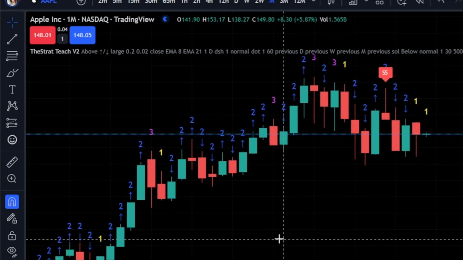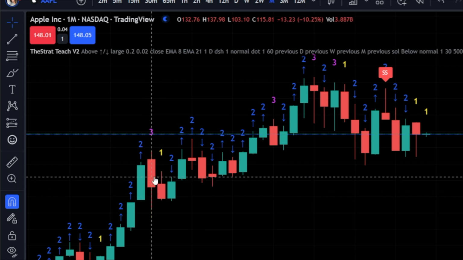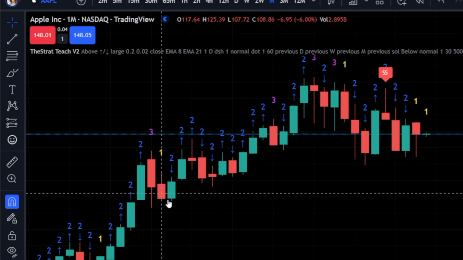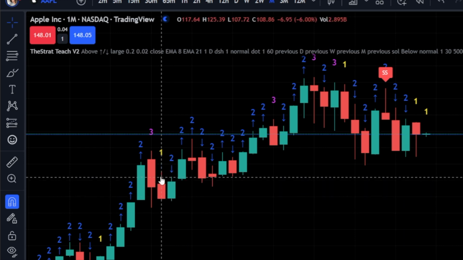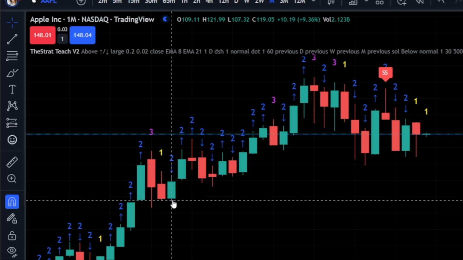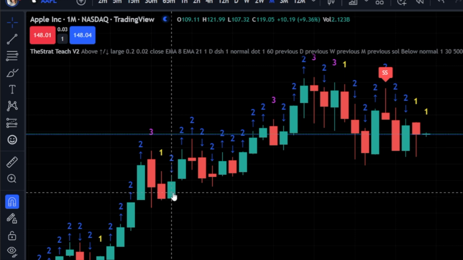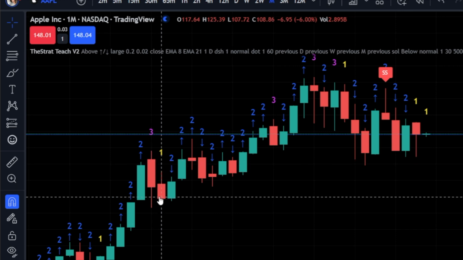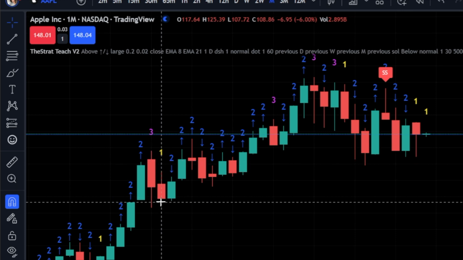Last but not least is my favorite, the 3 bar. So remember with the 1s, it stayed within the previous bar. With the 2, it chooses a direction, either down or up. With a 3, it takes out both sides.